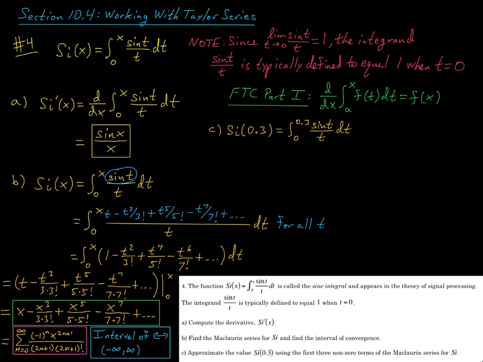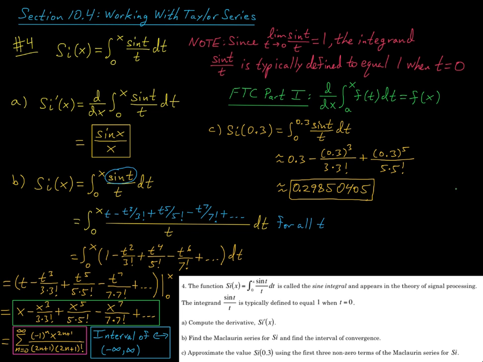Like e to the negative x squared over 2, sine t over t is the type of function whose antiderivative we cannot write down in terms of elementary functions. Nonetheless, we can approximate this integral using our Maclaurin series from part B.